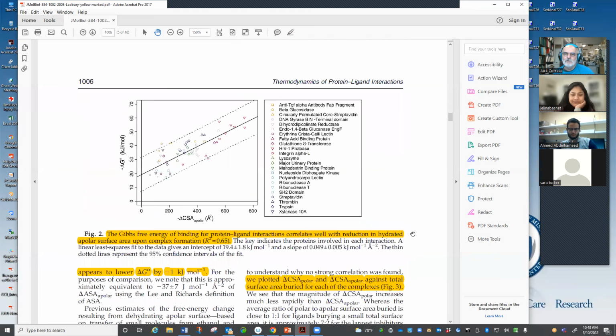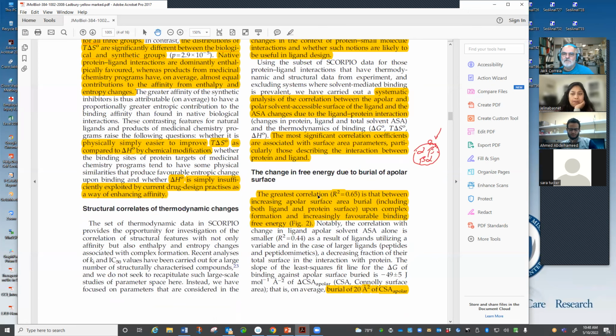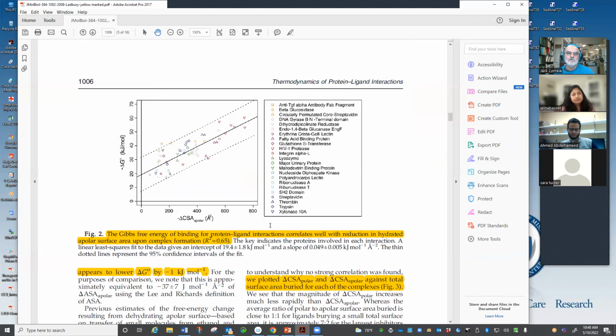So then they jump to a conclusion. The greatest correlation is that between increased apolar surface area buried, including ligand and protein, upon complex formation, and increasing favorable binding energy. And here's the figure.